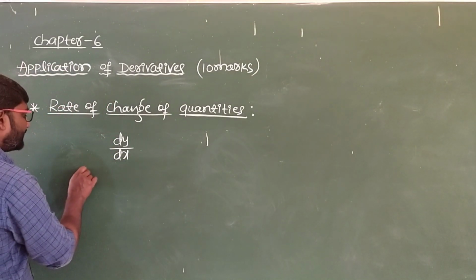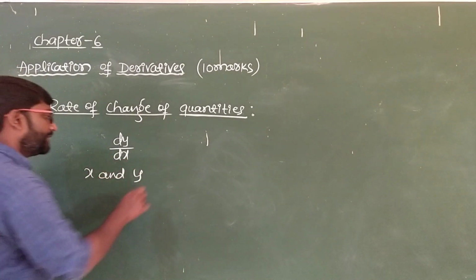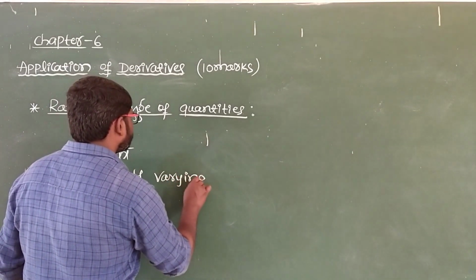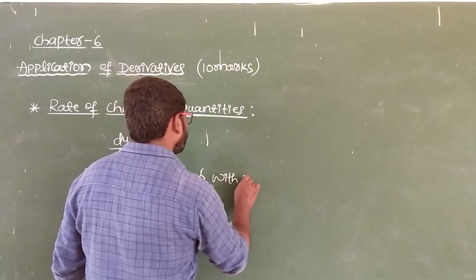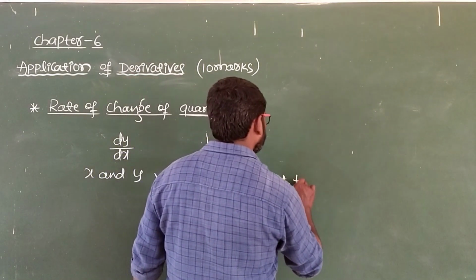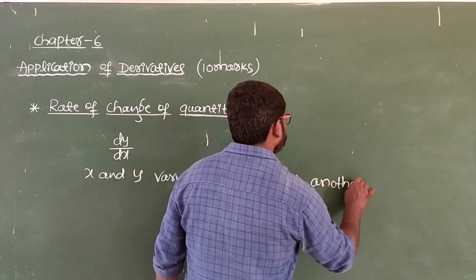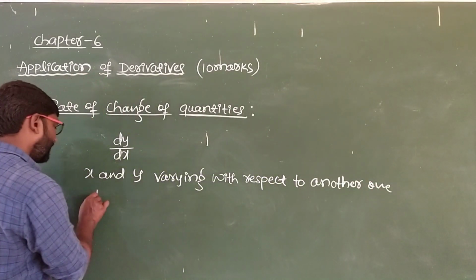So if two variables x and y are varying with respect to another one, that is t.